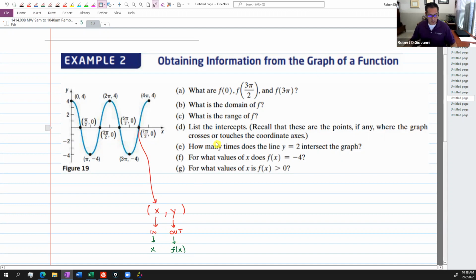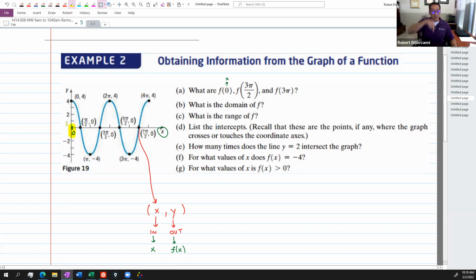So let's start with the first thing. What is f of 0? So f of 0 means what happens when I plug 0 into this function, when I plug this in for x. So that means I'm going to look at my graph, I'm going to go to the x-axis, I'm going to go to 0, which is here, right?